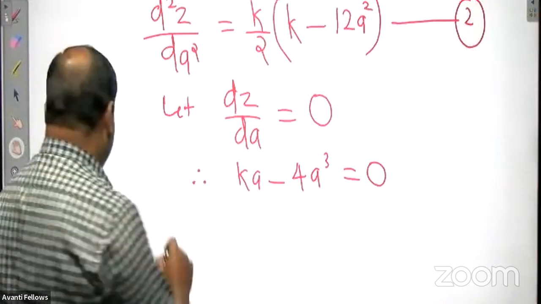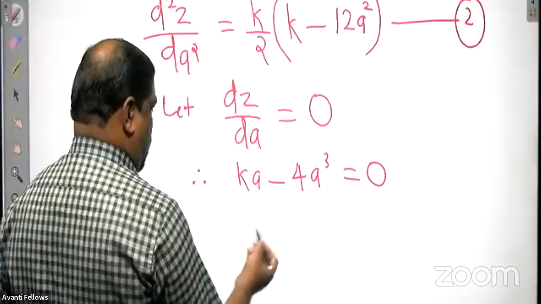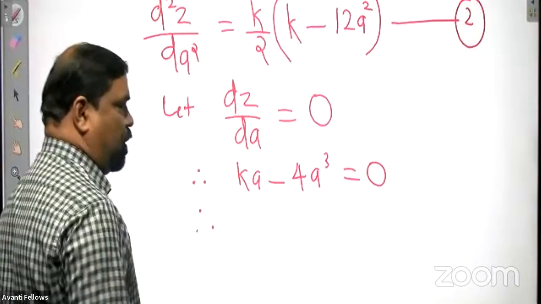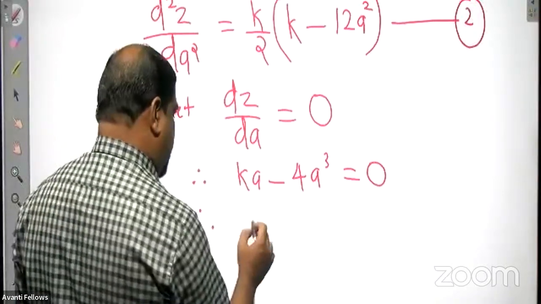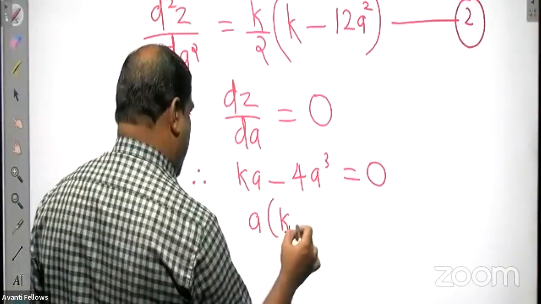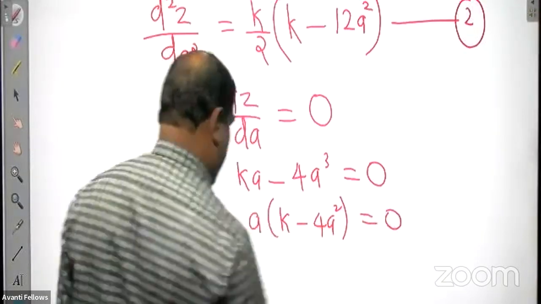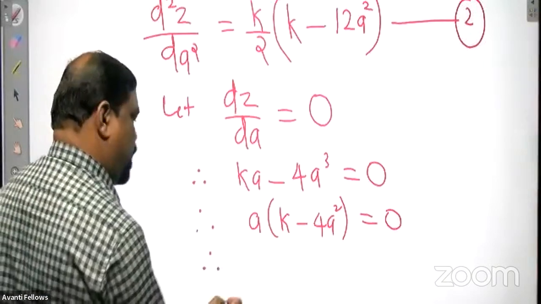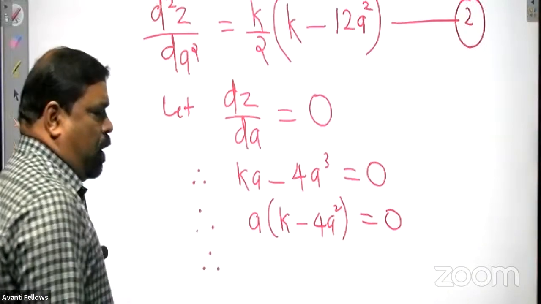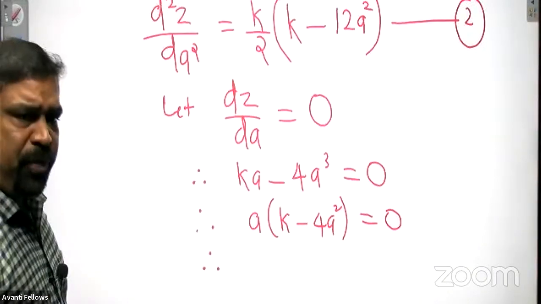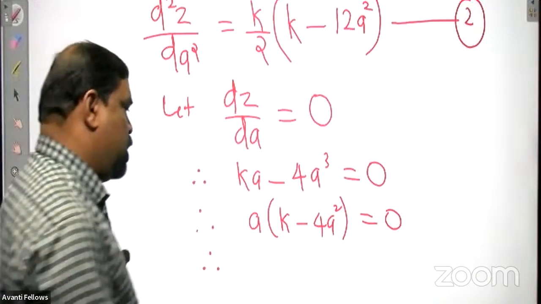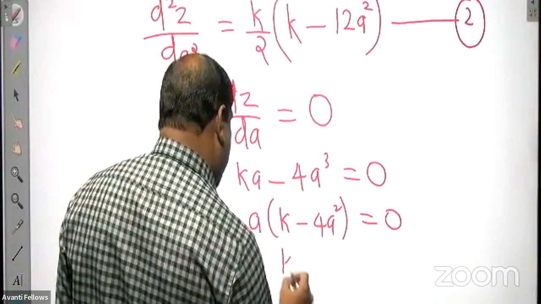So what is the next step? Take a outside: a into k minus 4a square equal to 0. A is the side of the triangle, it cannot be 0. So the only possibility is that the second term must be 0.